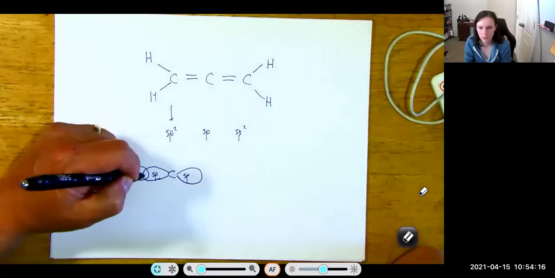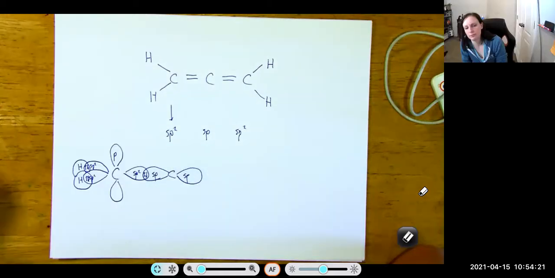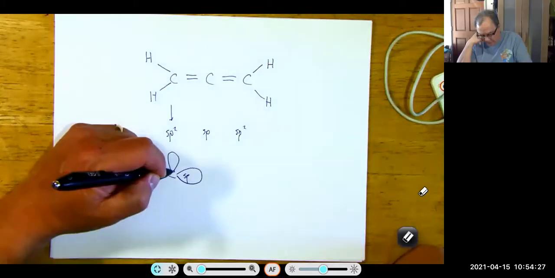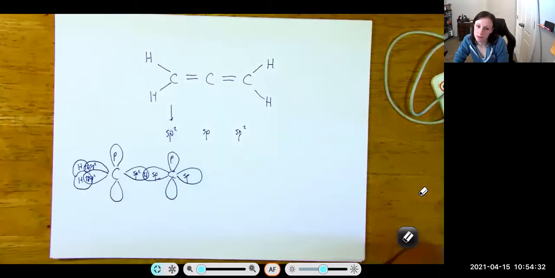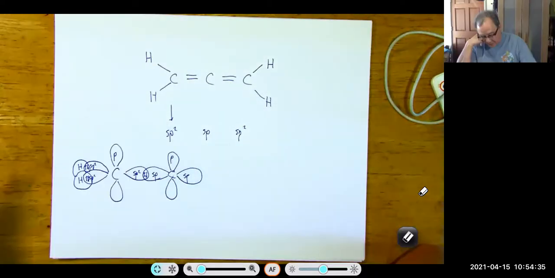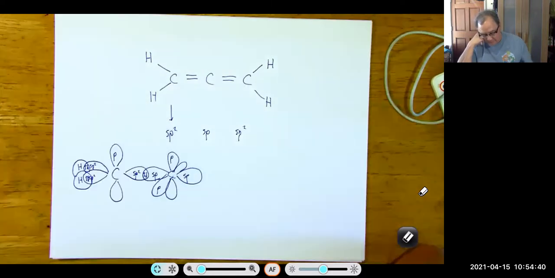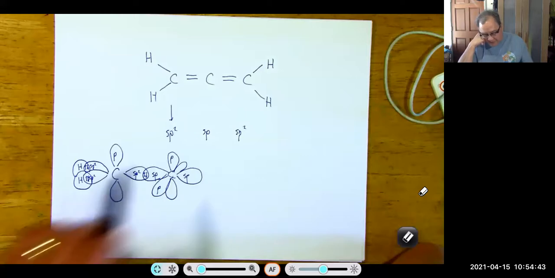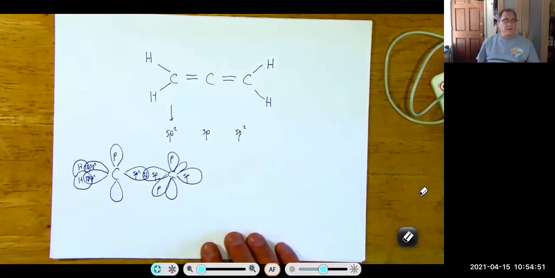And then where are the p's? Perpendicular to the sp's. Okay, there's one. Where's the other one? On the bottom. Oh, like on the Z axis? So we're going to have to draw it like this. So how are we forming this pi bond here? With the p orbitals that are on what axis?